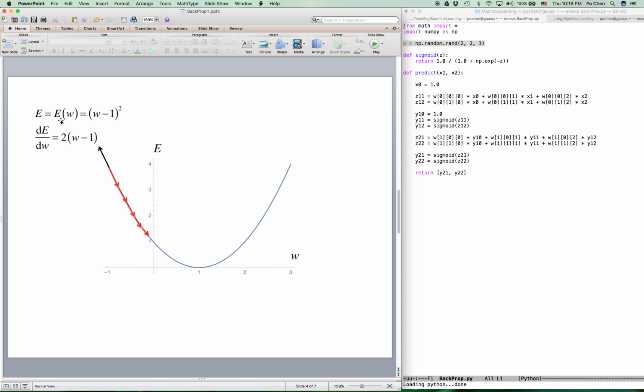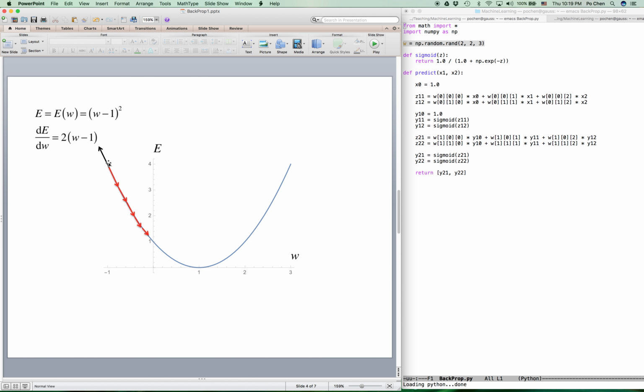Then we recompute the derivative at the new location, reverse the sign, and go a little bit further. Take another small step, and E is reduced even further. We just repeat this for many steps. Eventually, we can get to this location, right?